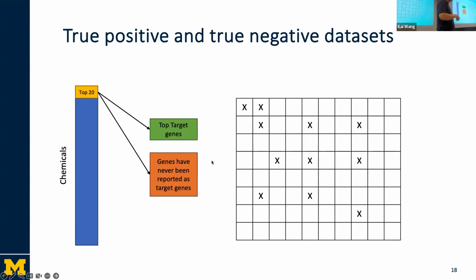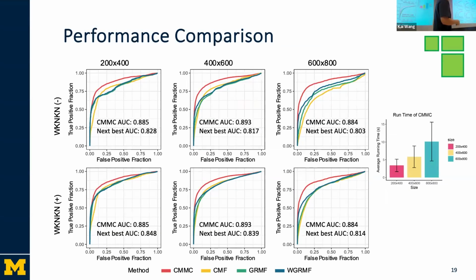For the true negatives, we also used the top 20 most well-studied genes, and used those genes that were never reported as a target gene of those chemicals as true negatives. So the interaction matrix was something like this. Then, to calculate the AUC, we remove some existing values, use the method to re-predict those values, and then calculate the AUC of the method to compare the performance.